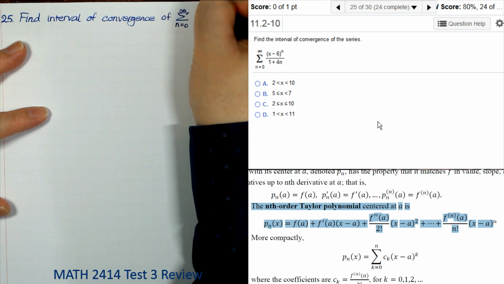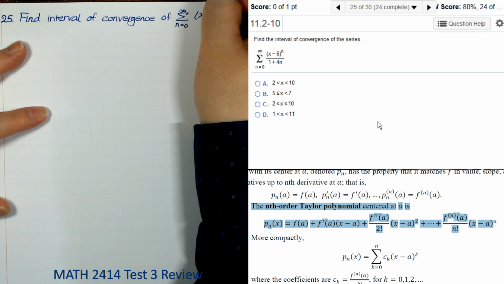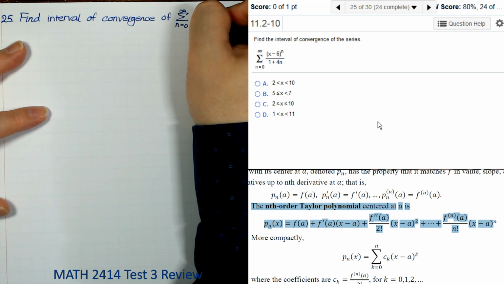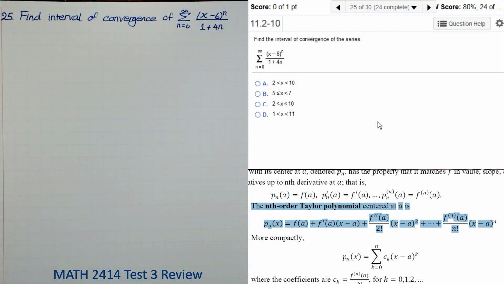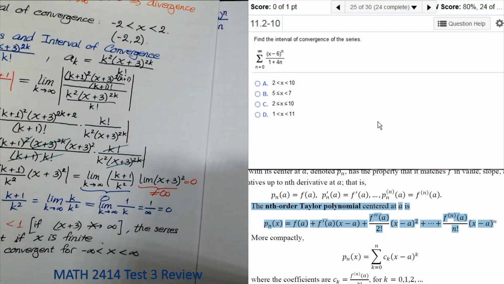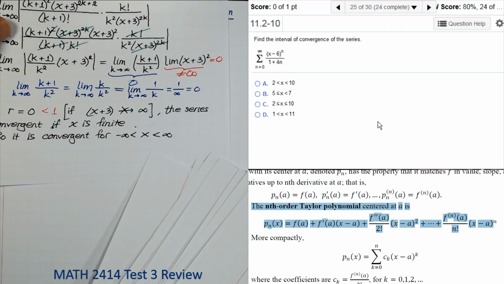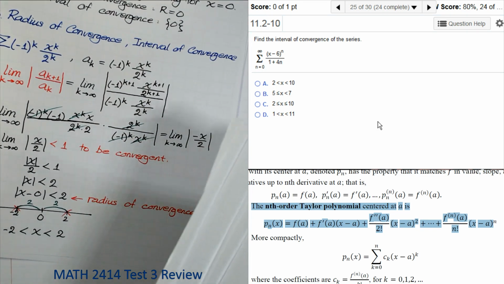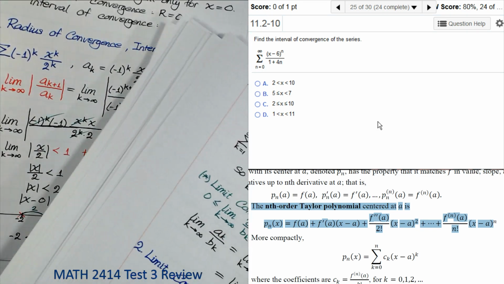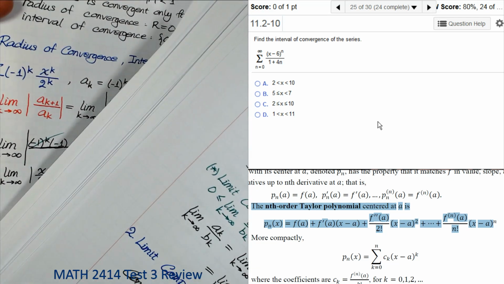Right. So we have a lot of scenarios in this case about interval and radius of convergence. If the radius is equal to infinity, we don't check the boundary. If it is equal to a number, if it is equal to 0, we don't check the boundary either.